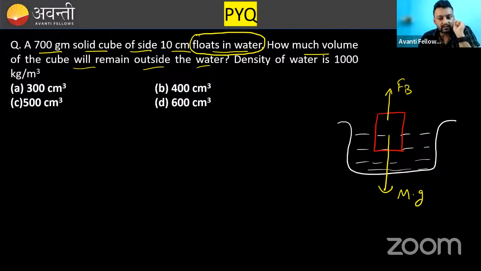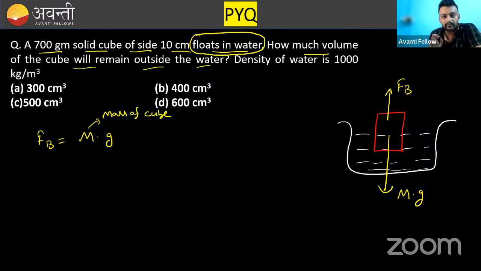Till now, everything is clear or not? Now, for equilibrium or flotation, these two forces must be equal. So buoyant force should be equal to m into g, where m is the mass of the cube. Clear?